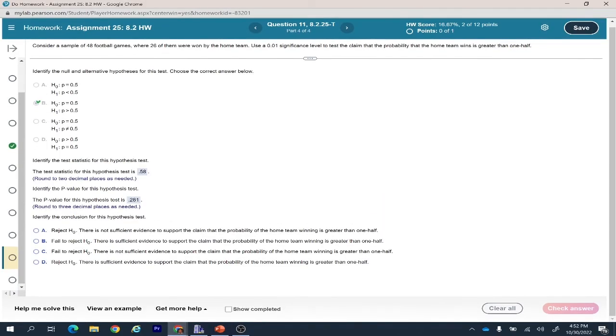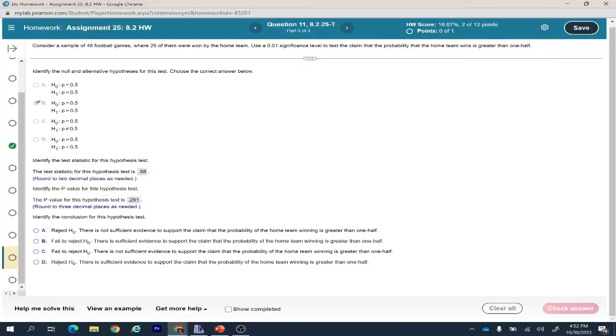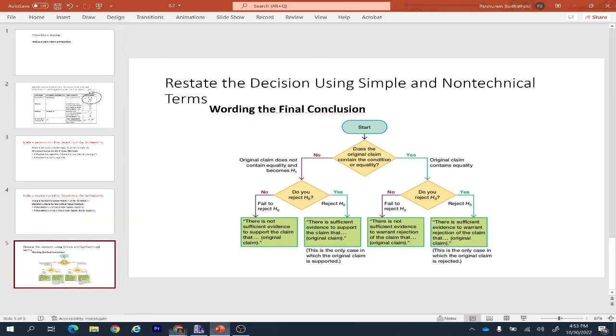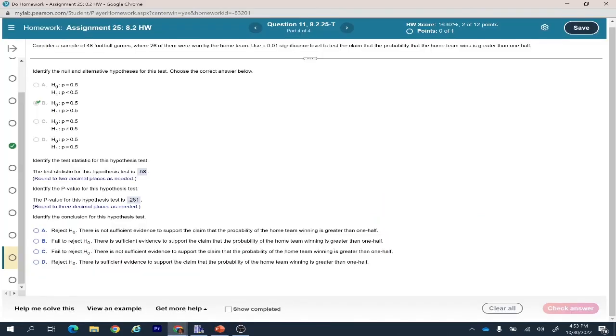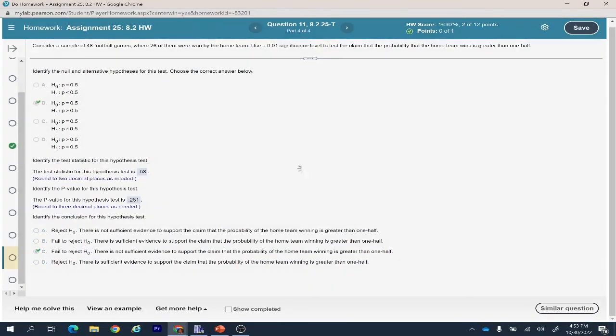If it fails to reject, the condition is that the hypothesis is not equality, so it should be this one: fail to reject, there is not sufficient evidence to support the claim. So as you can see here, fail to reject, there is not sufficient evidence. This one is the right option. Okay.